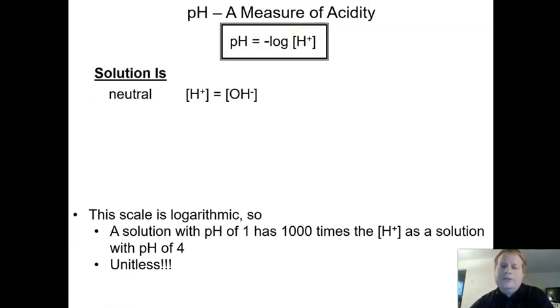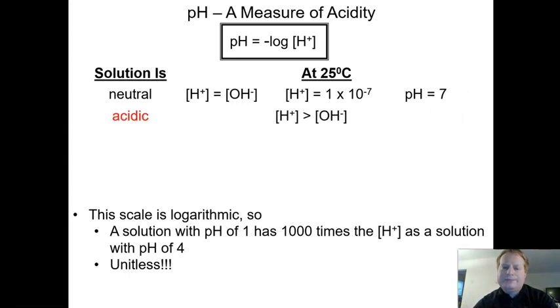So if the solution is neutral, those are equal, and H plus is 1 times 10 to the negative 7. Now, where does that come from? Let me just show you this. pH is 7. Remember that our numbers were H plus times OH minus equals 1 times 10 to the negative 14. When you multiply exponents, you add their powers.